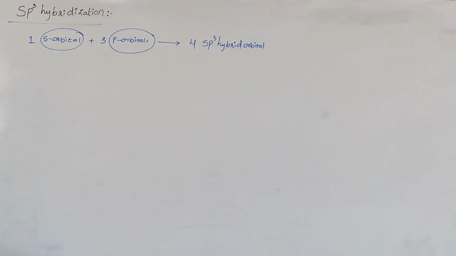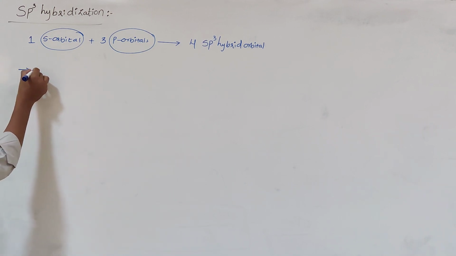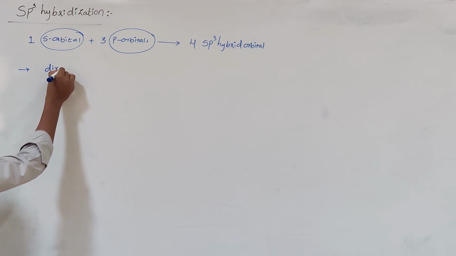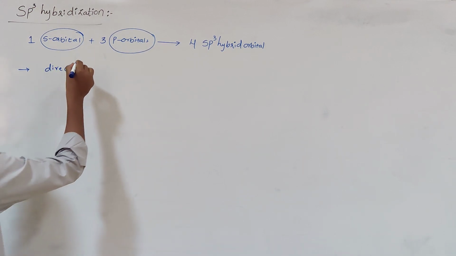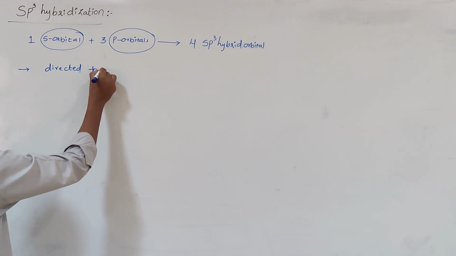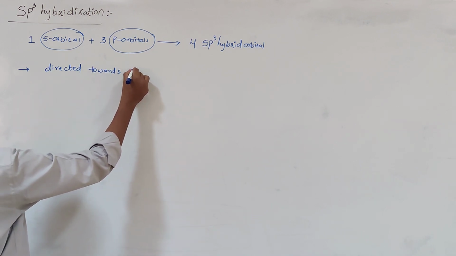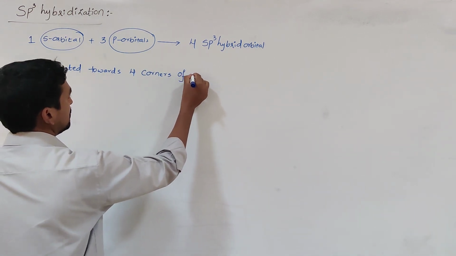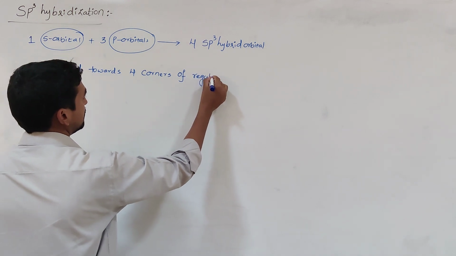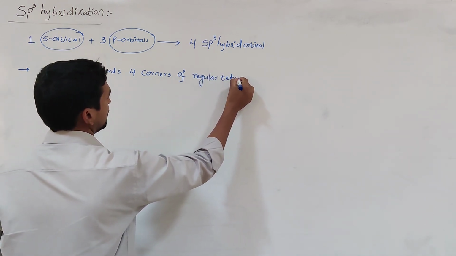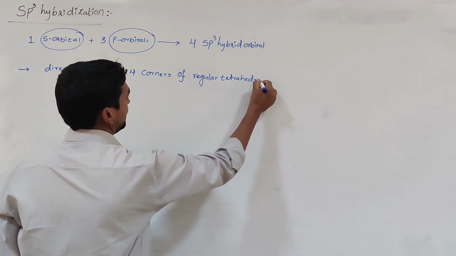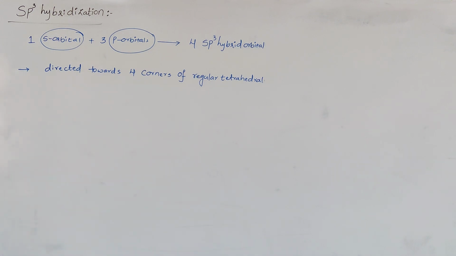These 4 sp3 hybrid orbitals are directed towards the 4 corners of a regular tetrahedron. Tetrahedral. This hybridization is called sp3 hybridization.